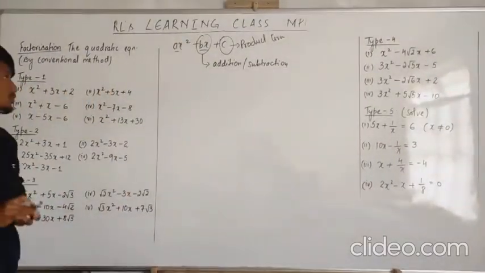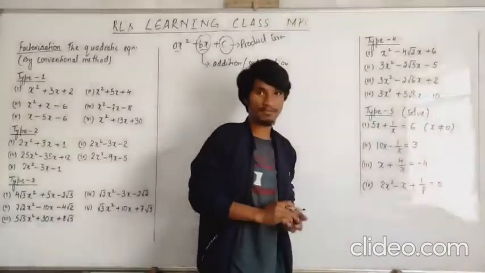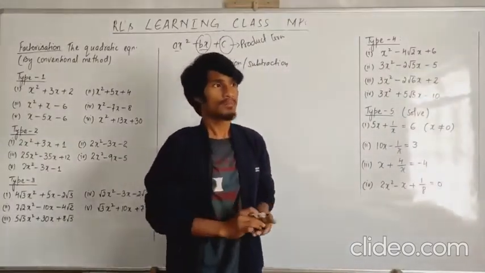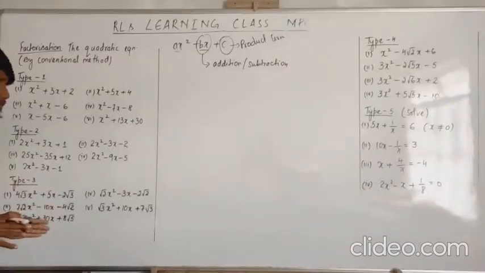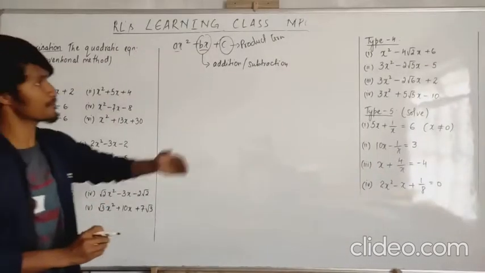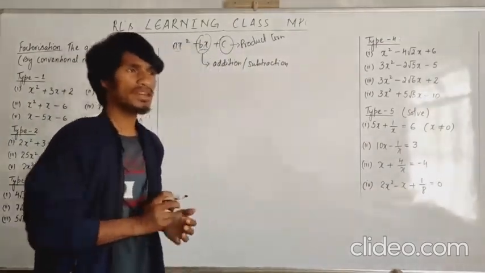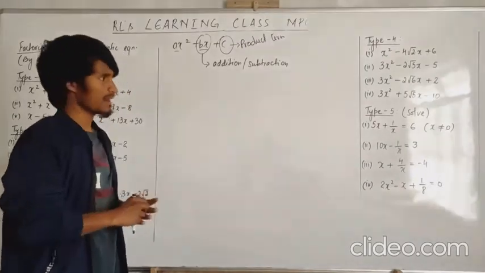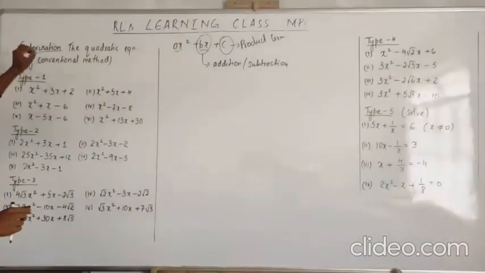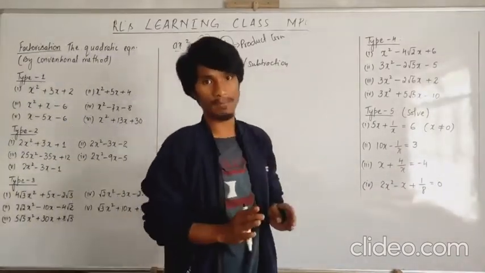Here I'll show you type 1, type 2, type 3, type 4, type 5. There are so many types, up to 6 or 7. But if you understand all of type 1, 2, 3 and 4, that is more than enough. I have found in schools where I have taught that splitting the middle term is very confusing for students.